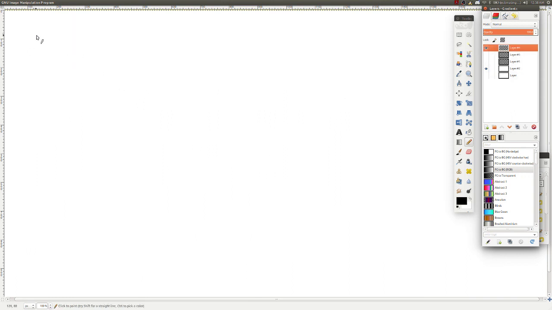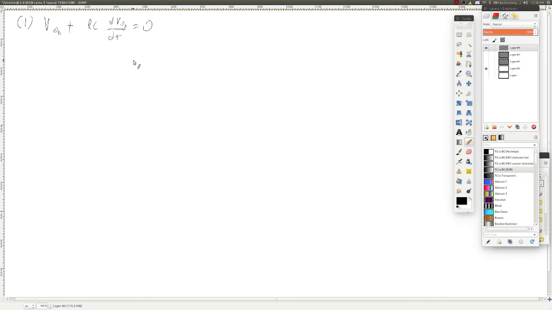So, part 1 is V out plus RC dV out, I should say homogeneous, VOH over dt is equal to 0. So, how do you solve this? There's not really a good way to do it because you can't integrate 0.